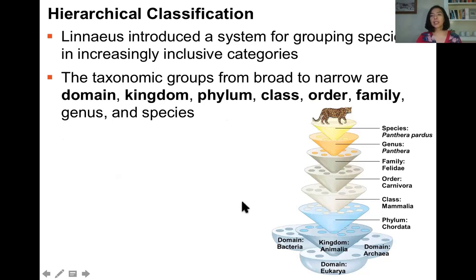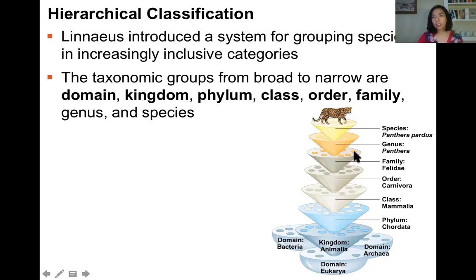The other part that Linnaeus contributed was this hierarchical classification, in which we have increasingly inclusive categories. If we start here, we have Panthera pardus, that's the species, and then several species of the genus Panthera are going to be here. So several similar species form the genus.